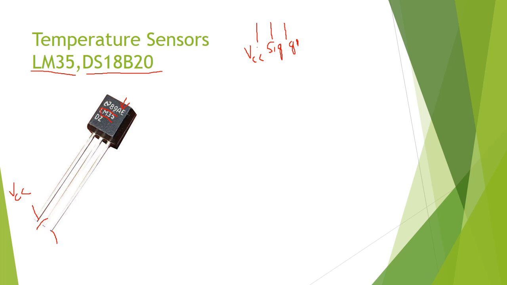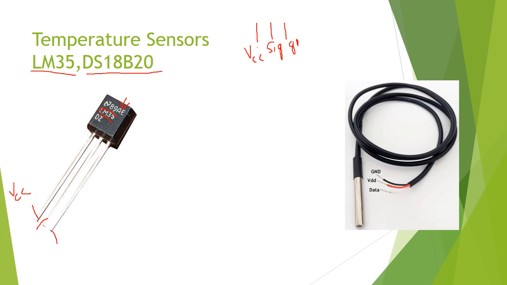Different companies produce LM35 temperature sensors of the same quality. Next is the DS18B20. This is another sensor, and this sensor again has three pins.